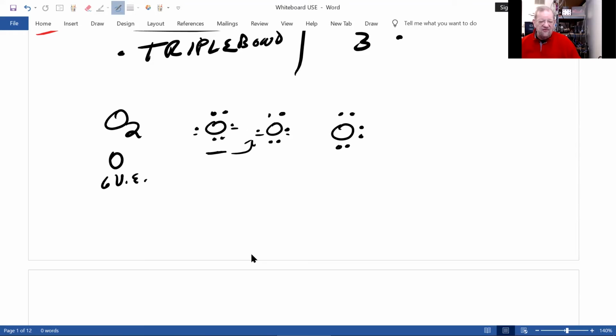This oxygen has 2. The next oxygen has 2. The non-bonding electrons are there. And the question is, what kind of chemical bond, covalent chemical bond, is between the 2 atoms of oxygen? And they're 2 pairs, and we know that's a double bond.